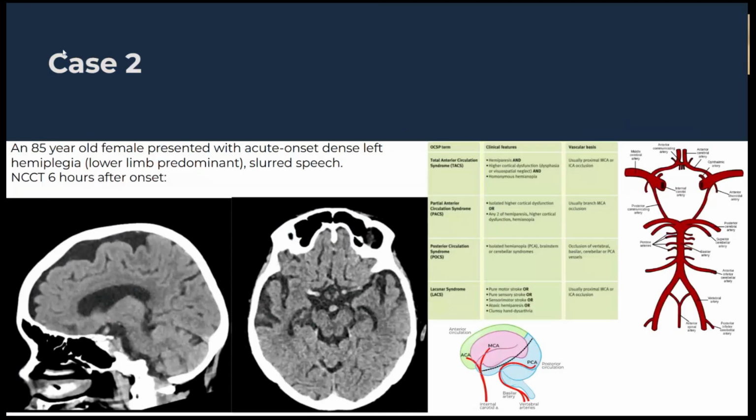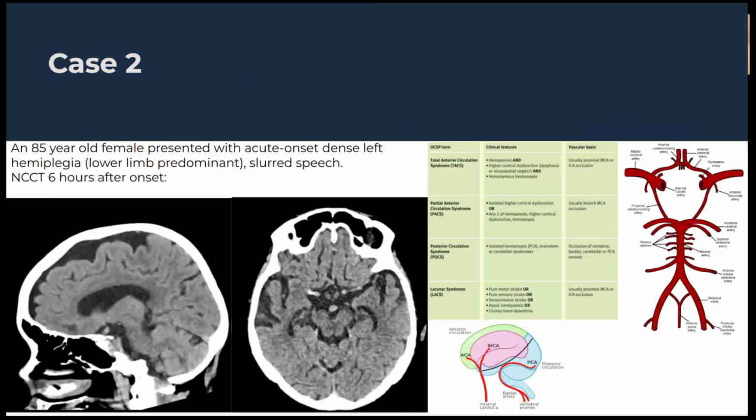So next one, case two. There's an 85-year-old female with acute onset dense left hemiplegia, which means severe left hemiplegia, and it's predominant in her lower limb. She's got slurred speech, and this is what her non-contrast CT looked like 6 hours after onset.